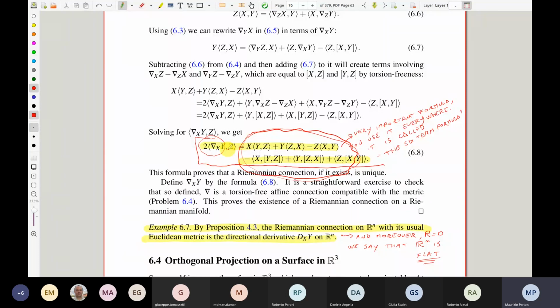So this formula becomes the definition of the connection and also a widely used formula when you do computations with the Levi-Civita connection. Whatever computation you are doing with the Levi-Civita connection, I suggest you always keep in mind that there is this formula giving the connection just as a function of derivatives, scalar product and Lie bracket, which are the natural operations you have on your tangent space.